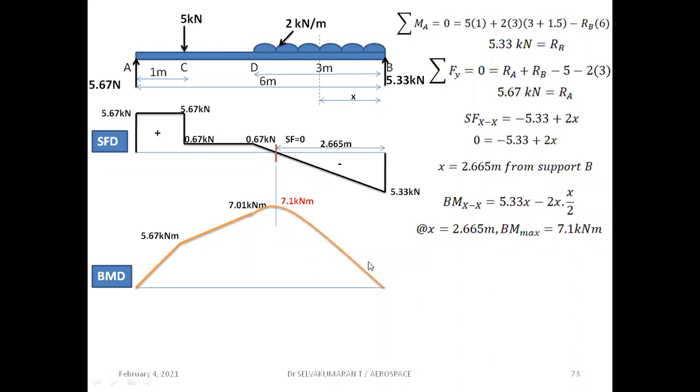So this is the value of maximum bending moment, and this is the location of maximum bending moment. So it's very simple. If you solve too many problems as homework, you'll be able to understand in more detail.